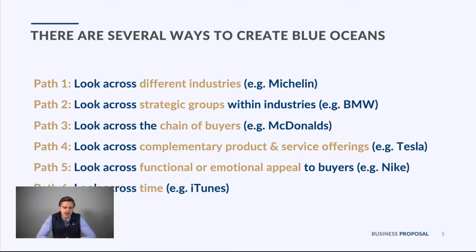What you also can do, and this is path number 5, is that you take a look across functional or emotional appeal to buyers. An example for that would be Nike in the 90s. Adidas was the big brand back then because they were the largest manufacturers of shoes and sports clothes.